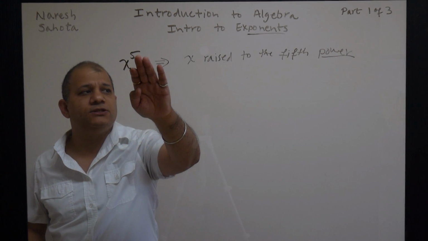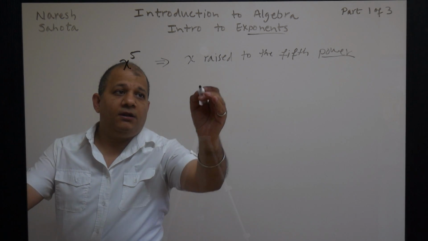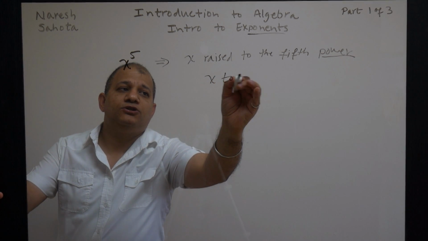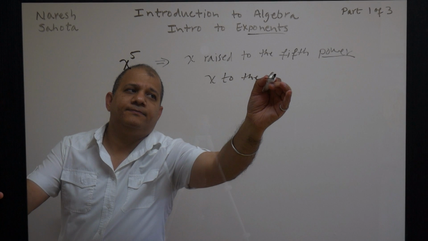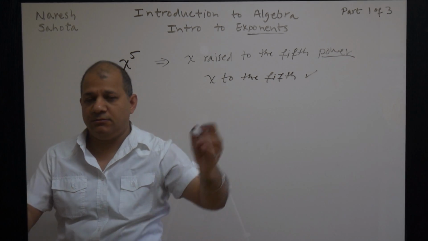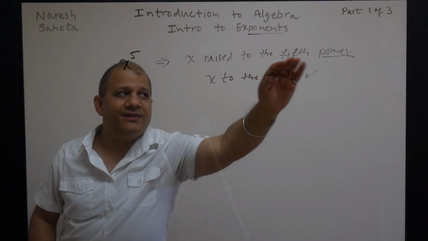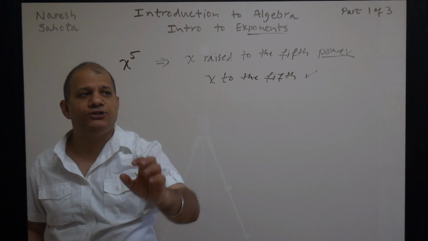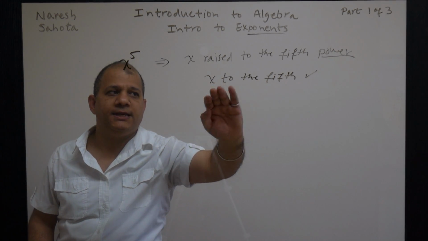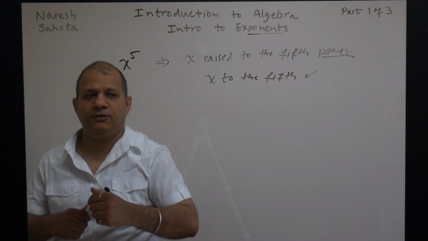X raised to the 5th power. Or we can simply call it x to the 5th. So for short, and this is what I use, and this is what is most commonly used. So I'm introducing this so that you have the proper language, but in short, we go with x to the 5th.